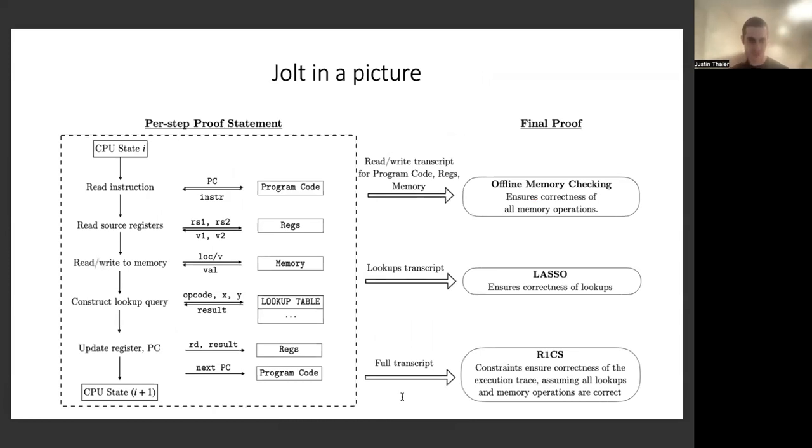I copy pasted this from the paper, but I'll try to summarize how I'm thinking about things. I'd say there are 3 aspects to any zkVM really. I mentioned 2 of them already: at each step of the computer program, you have to figure out which instruction should be executed next on which inputs.